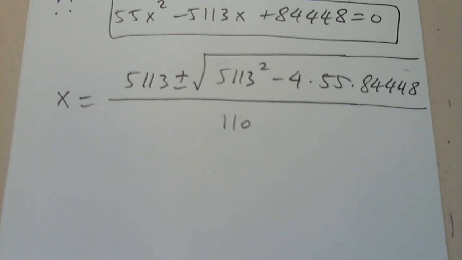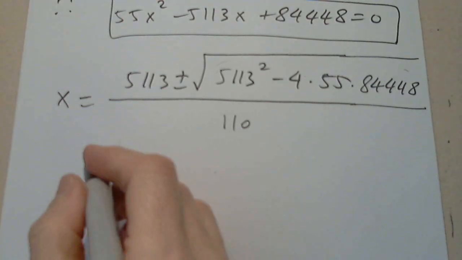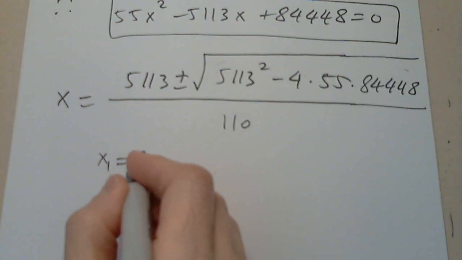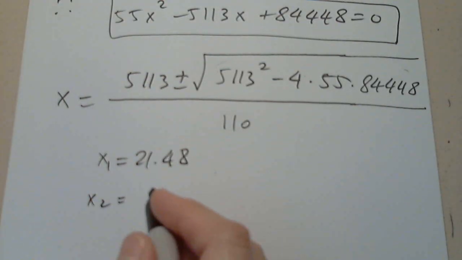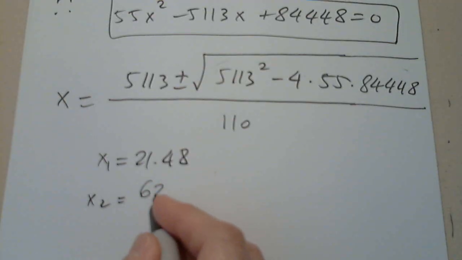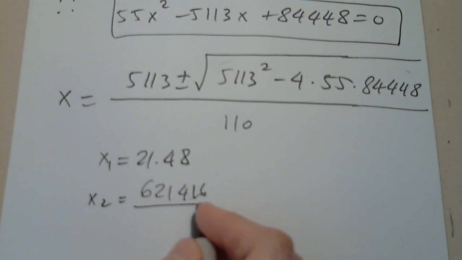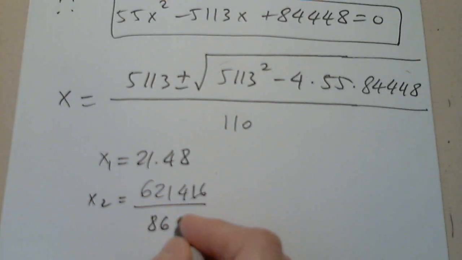Okay, so it gave one solution as a rational number, and the other I have to calculate to see what it is. The first solution is x sub 1, which is 21.48, and x sub 2 is 621,416 divided by 8,693. I have to see what this is.